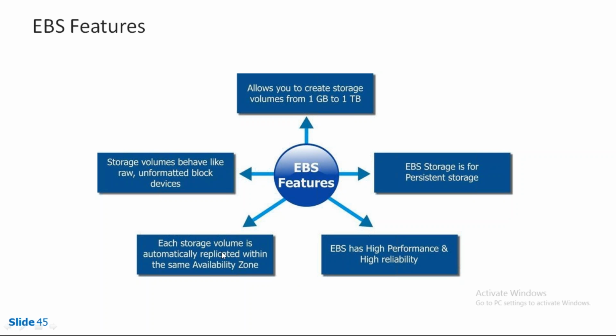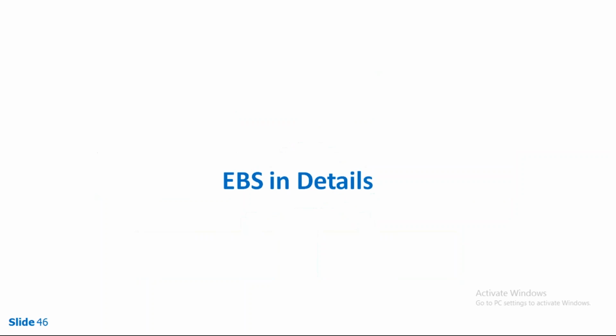Each storage volume is automatically replicated within the same availability zone, so you also have a replication feature. Then storage volumes behave like a raw, unformatted block device. Initially when created, they are a raw volume. That raw volume needs to be utilized for our purposes as we want.